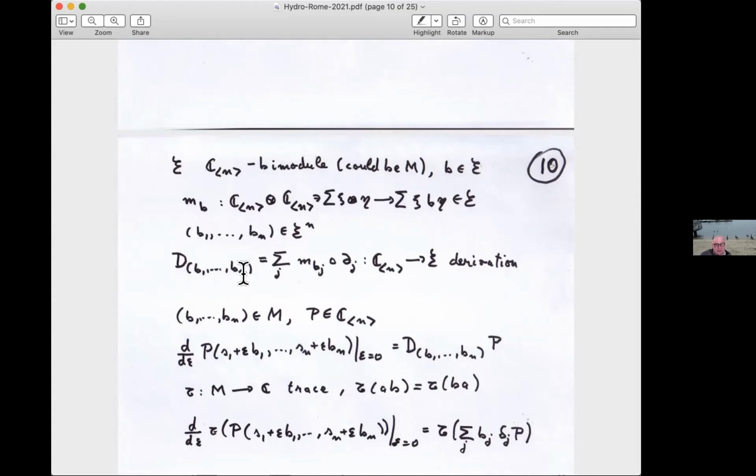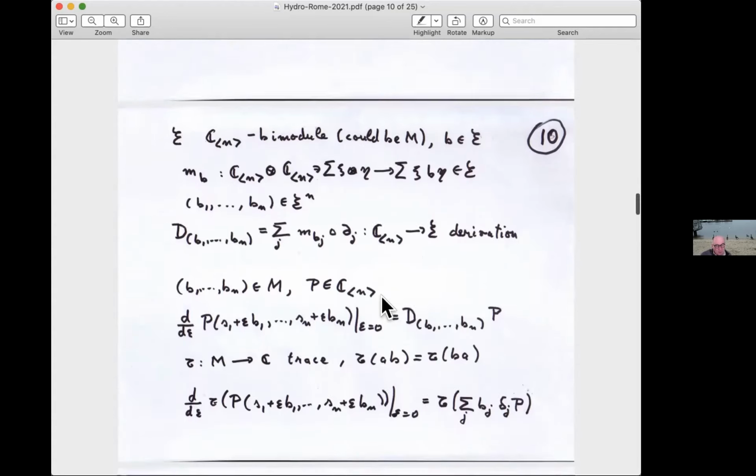And that gives me a derivation from Cn to this bimodule E. It is exactly the derivation which takes the indeterminates S1, ..., Sn to B1, ..., Bn. It is the unique derivation with this property.